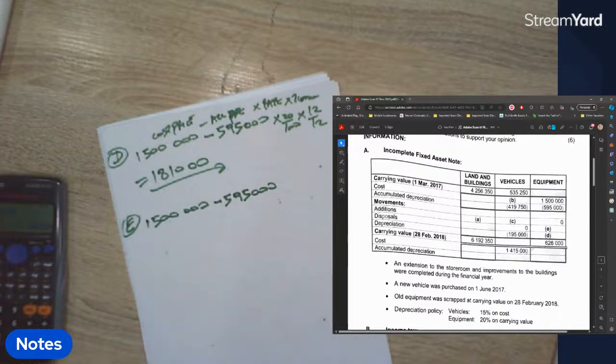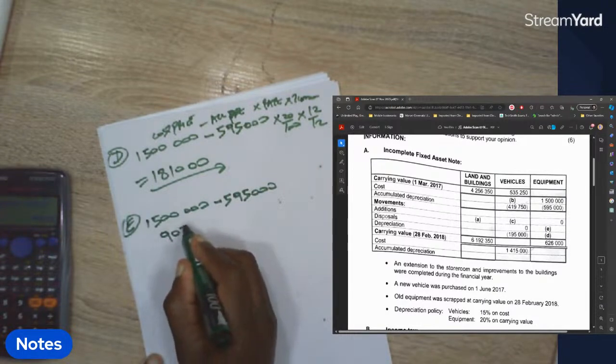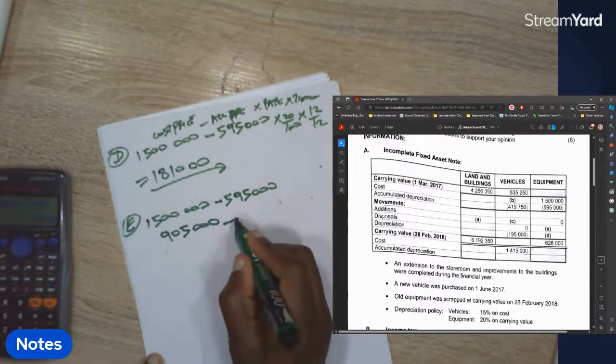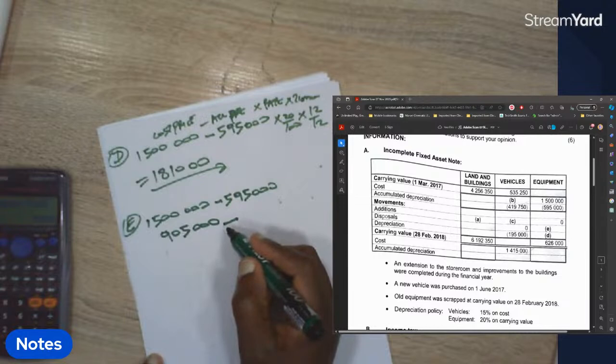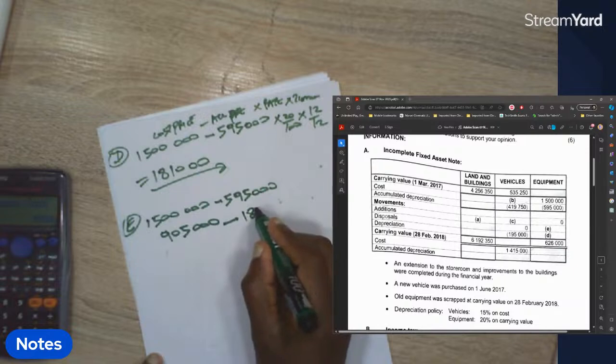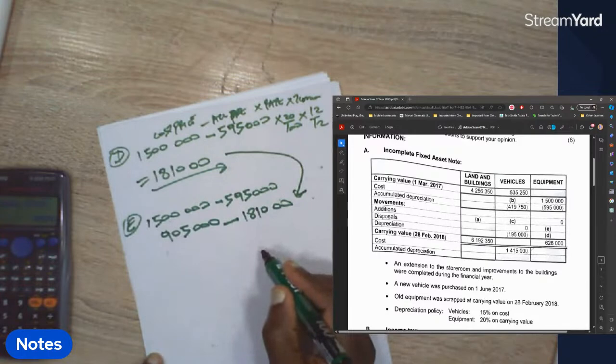Okay, let's calculate that. So we get 1.5 million minus 595,000. You get 905,000, right? Minus your UD. Remember, here at D what did we get? We got 181,000. This one is coming in. Less that one.